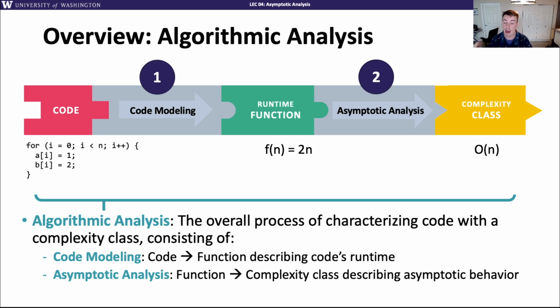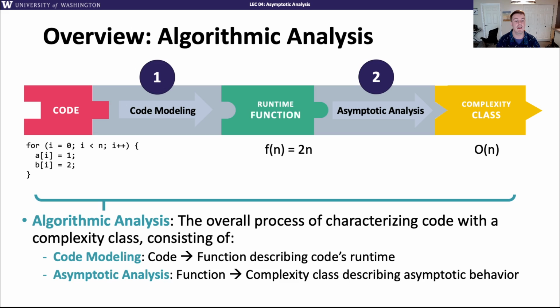I'm going to hand wave for a second because we're going to have a whole video on code modeling, and we'll come back to more complex code modeling later. But we start with this for loop, and we somehow have a process that turns it into a function that says, hey, for any input size n, this code will take 2n steps. So this code modeling is the first step of the algorithmic analysis process.